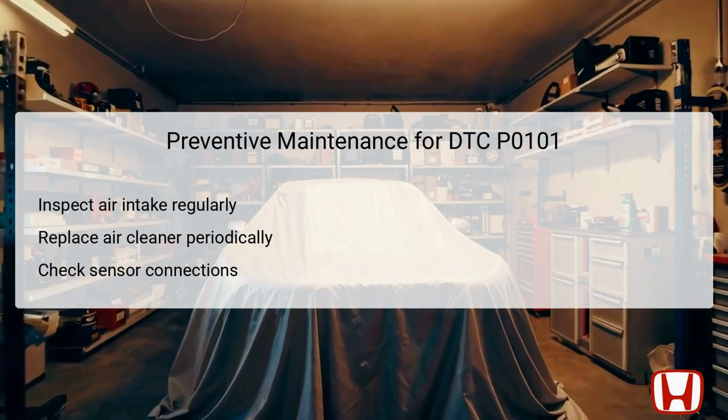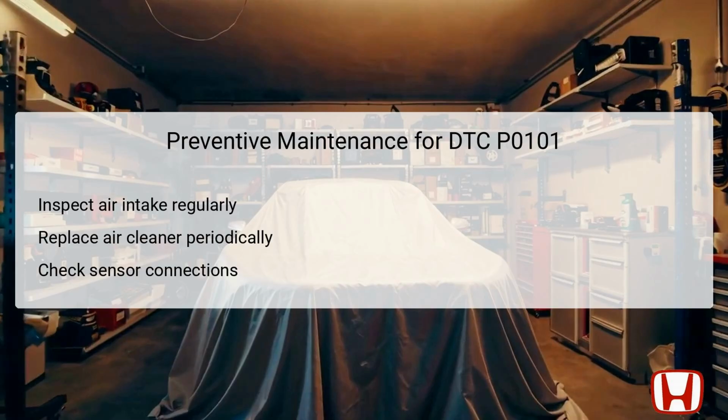Additionally, routine checks of sensor connections and wiring can help identify any signs of wear or damage before they escalate into more serious issues. Implementing these preventive measures can significantly reduce the risk of future DTC occurrences and enhance overall engine performance.